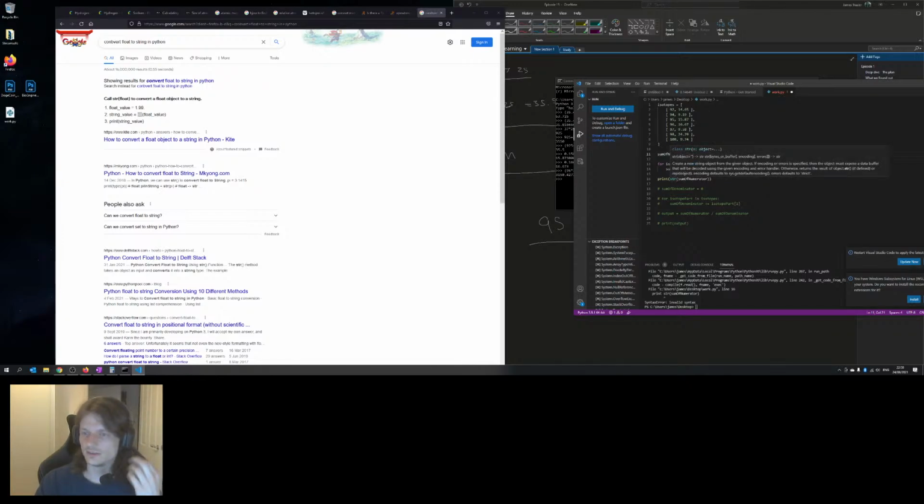What is it saying? Create a new string. What's the error though? Error defaults to strict. Create a new string object from the given object. If encoding or errors is specified, then the object must expose a data buffer that will be decoded using the... like that?